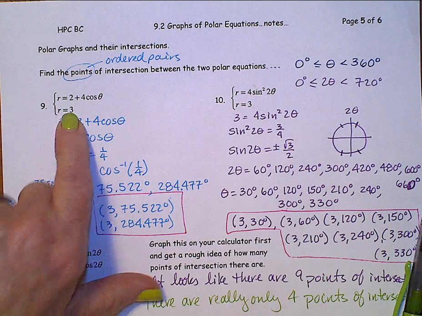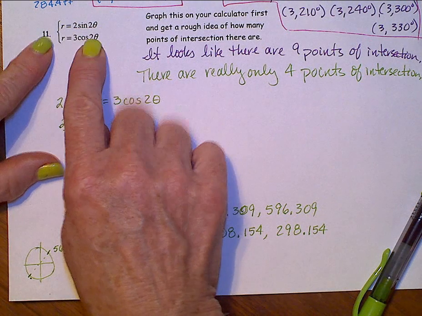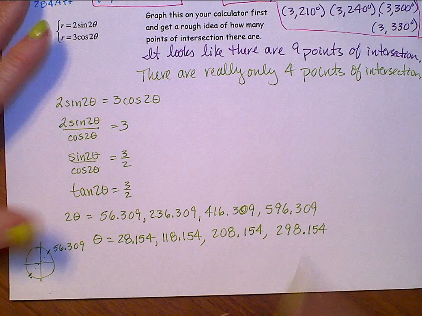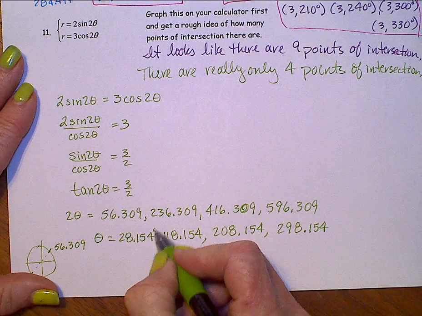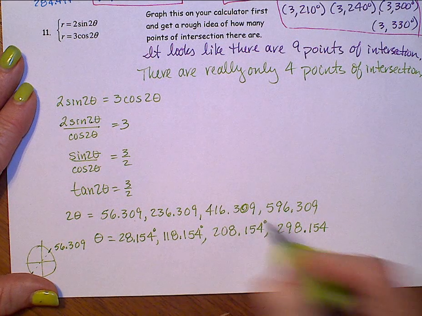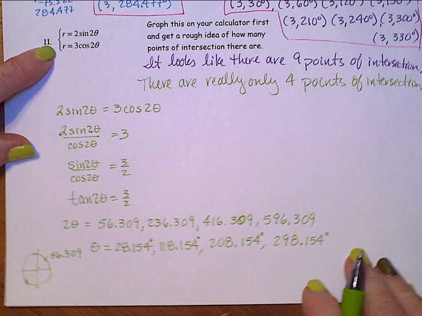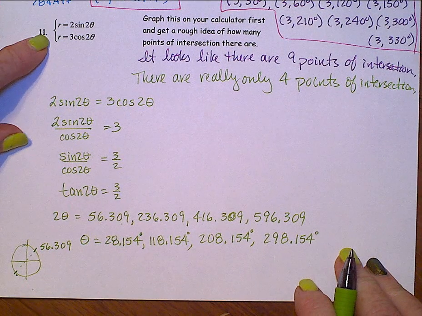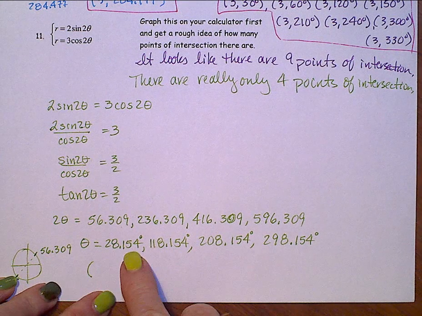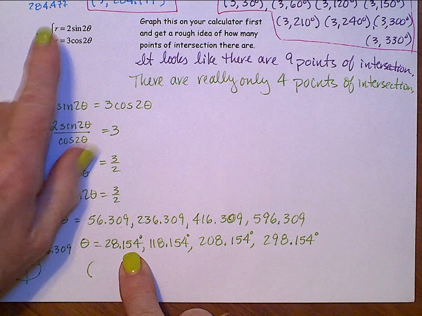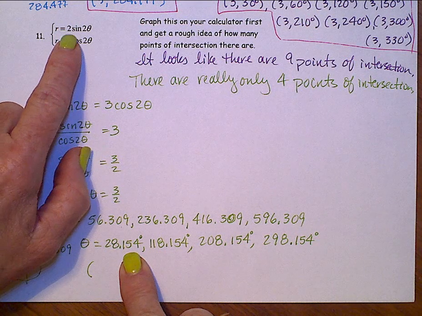The other equations down here, I don't have an r equals 3, so we need to remember back to previous math classes where once you found the value of one variable, then you just went ahead and substituted that answer into one of the two original equations to find that particular r value. So let's do that. We're going to have to take this 28.154, whatever it is, and we're going to have to substitute it right into here, either one of those equations, 2 sine 2 theta.